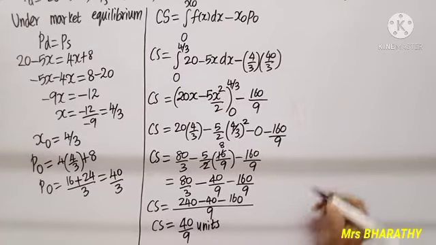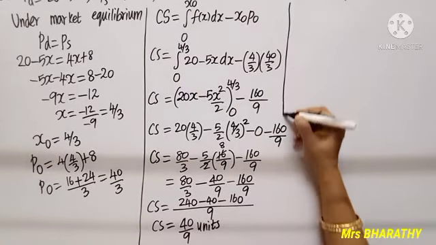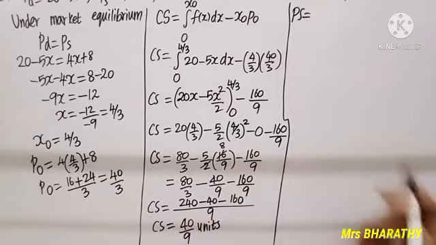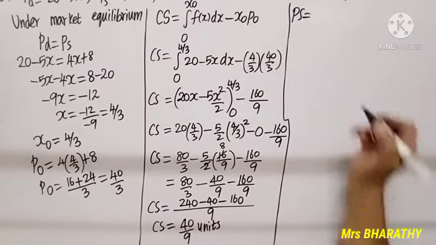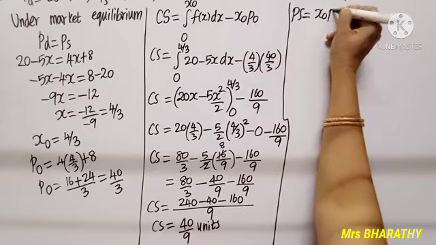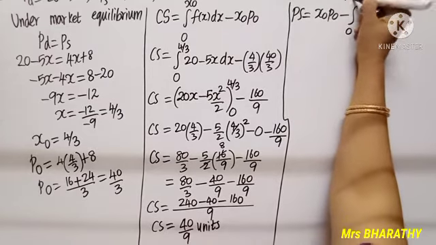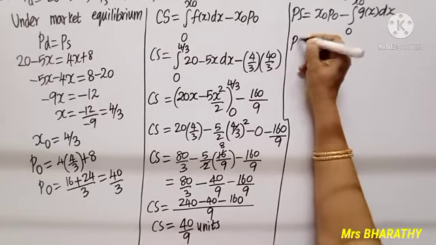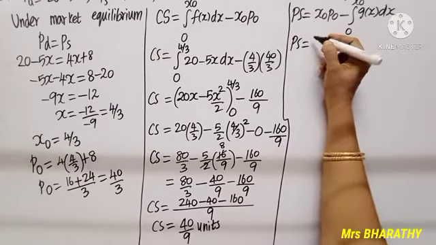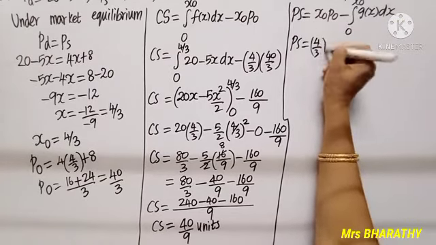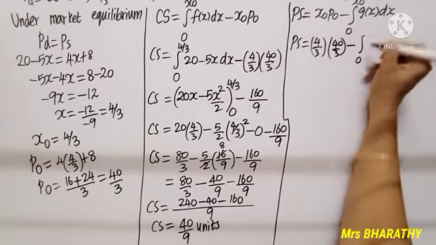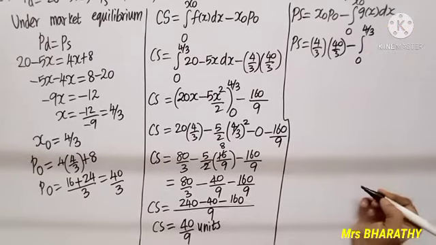Once we complete CS, let us proceed on to producer surplus, say PS. PS equals x naught p naught minus integral 0 to x naught g of x dx. That is nothing but x naught 4 by 3, p naught 40 by 3, minus integral 0 to 4 by 3.